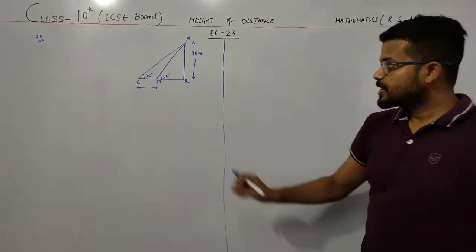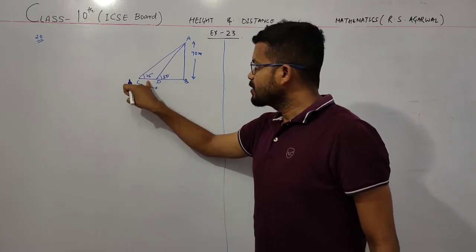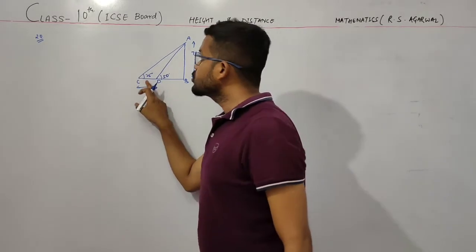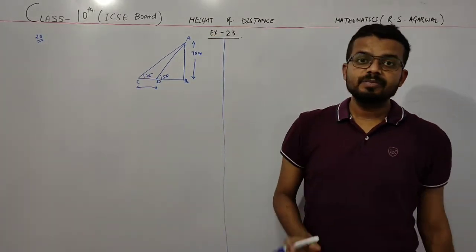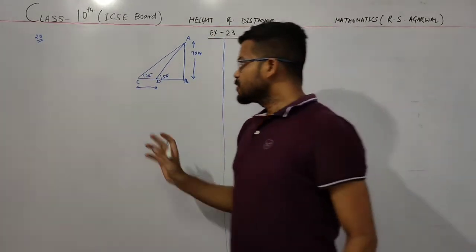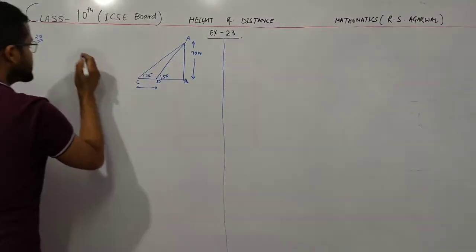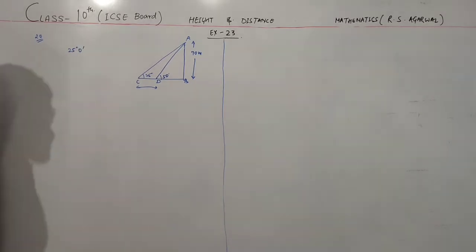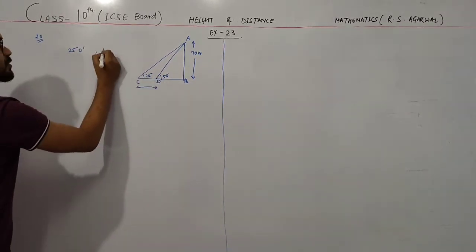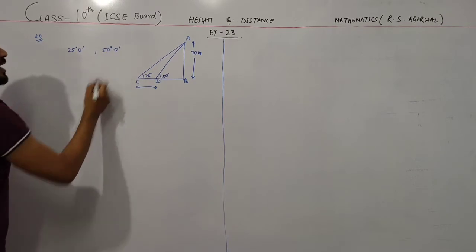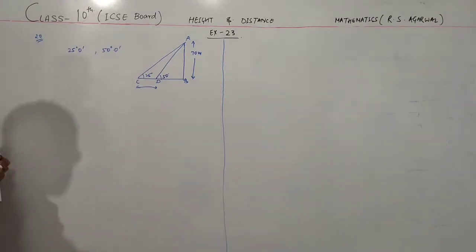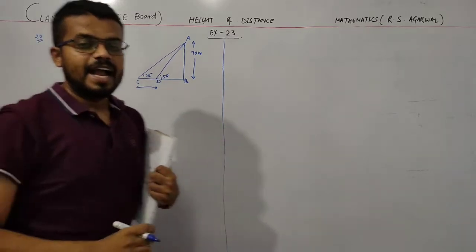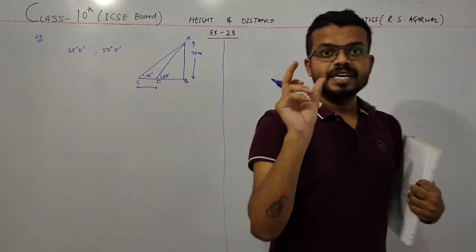And we don't know the value of tan for these angles. So we have to find this value through the trigonometry table. Okay. So for this, I write 25 degree as 25 degree 0 minute, and 50 degree as 50 degree 0 minute. So simply go to the table and open the page of tan.